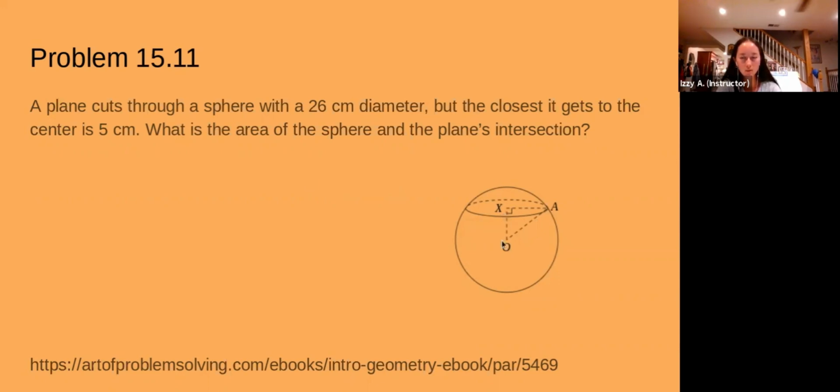Actually, OX would be 5 centimeters. I misunderstood the problem, but yeah, OX would be 5 centimeters because that's 5 centimeters away from the center. So I'll give you guys a few more seconds and then we can go over the problem.